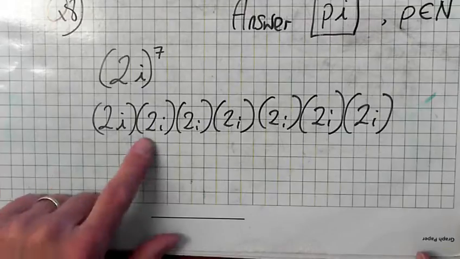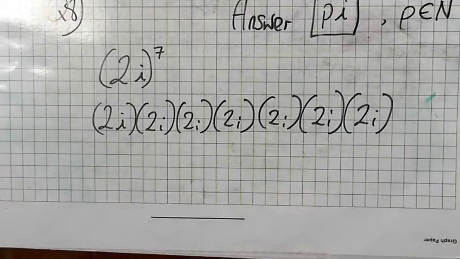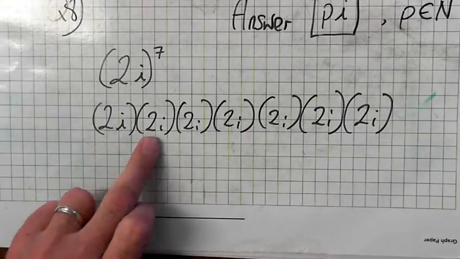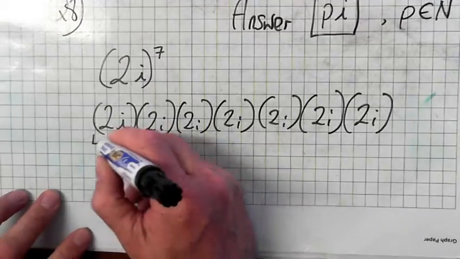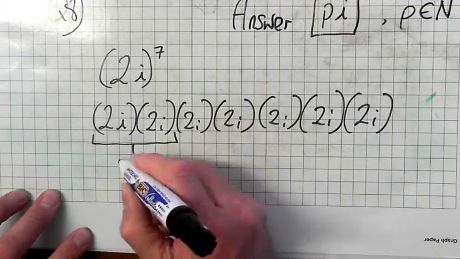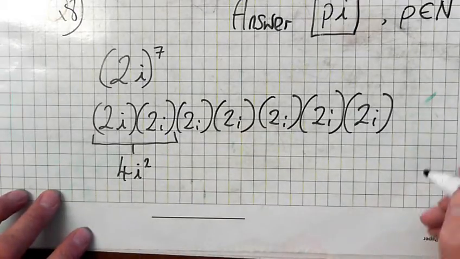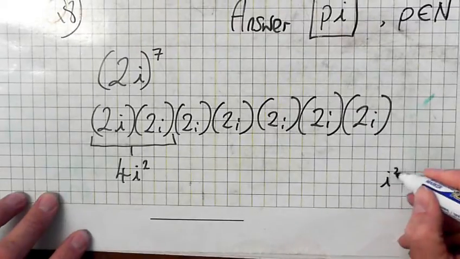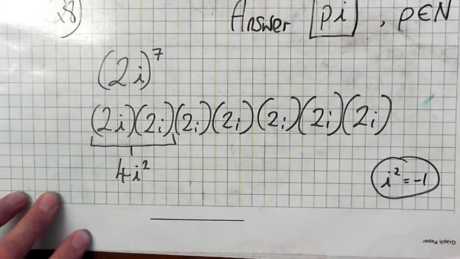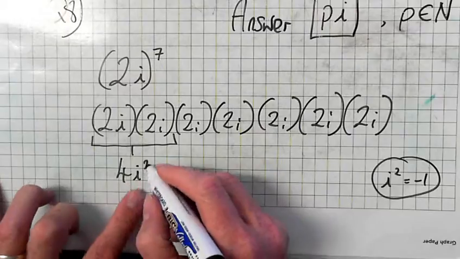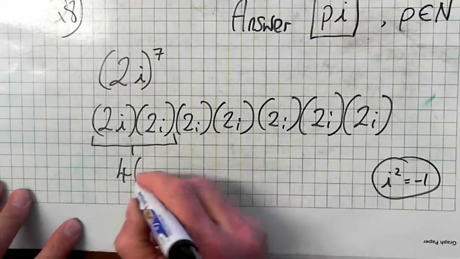What's 2i times 2i? Write it down. 2i times 2i is 4i squared. But what is i squared? i squared is equal to minus 1. So I can replace i squared with minus 1.